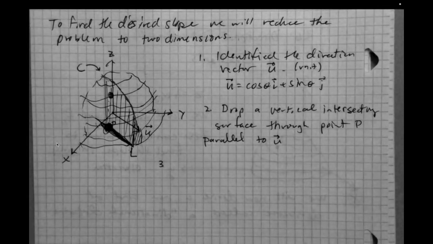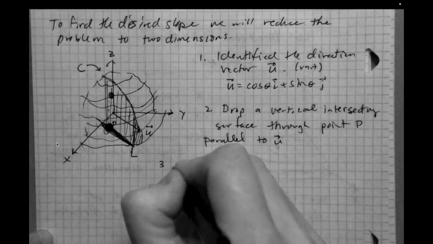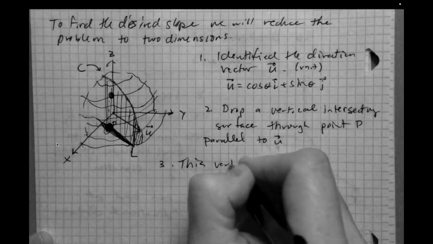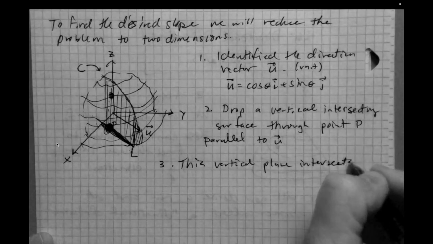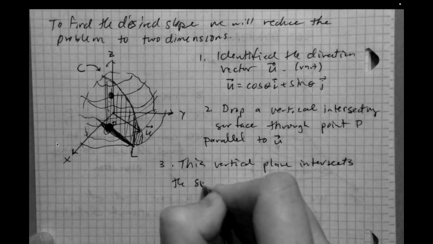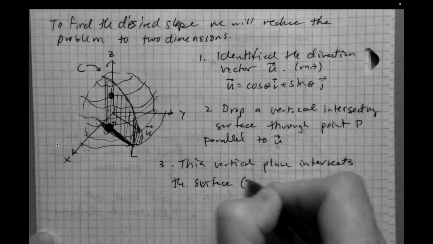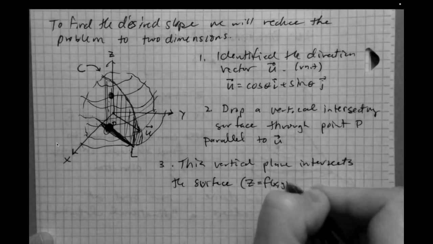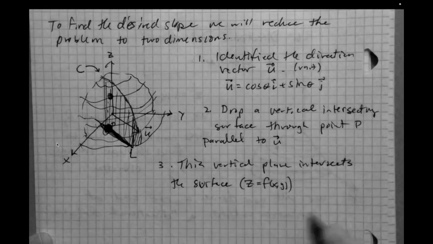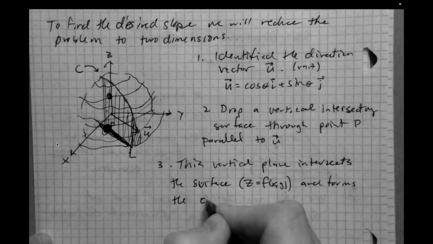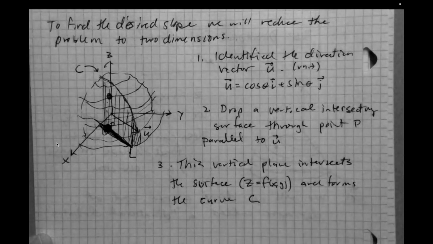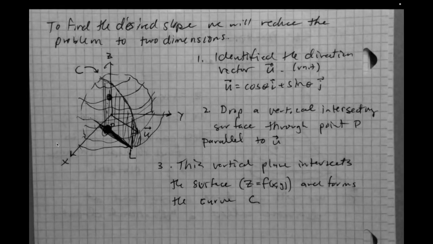Well, this vertical plane intersects the surface and forms the curve C. Remember the surface is z equals f of x, y. So this vertical plane intersects the surface and forms the curve C.